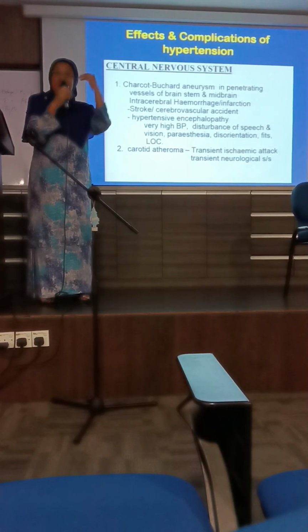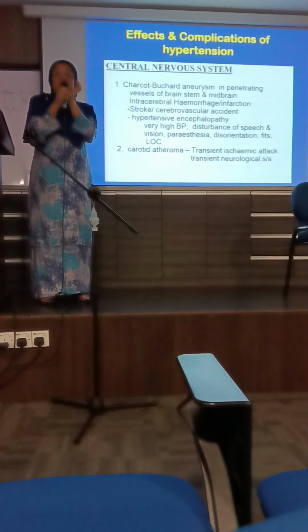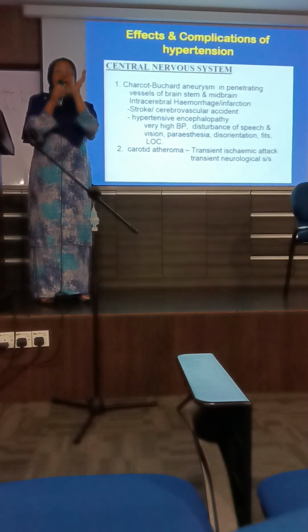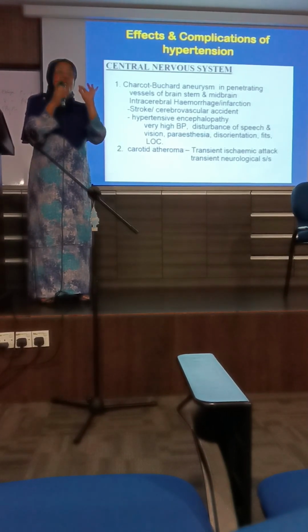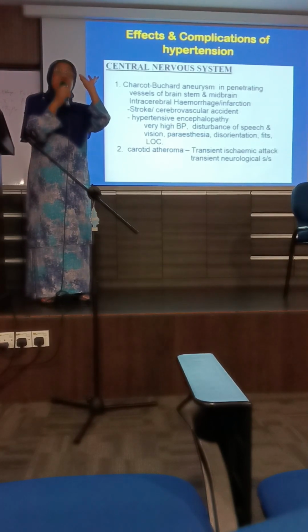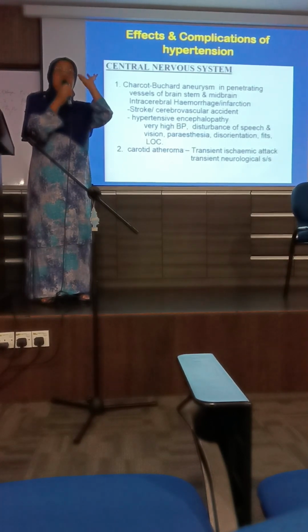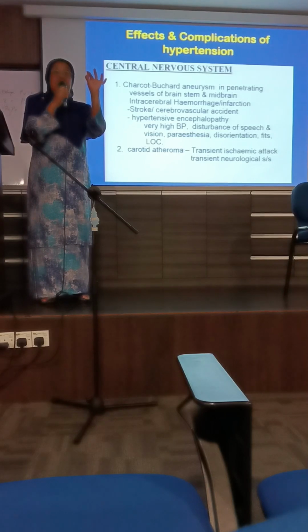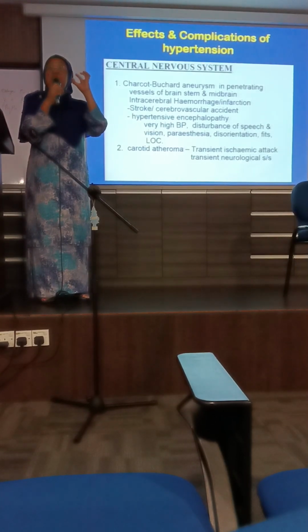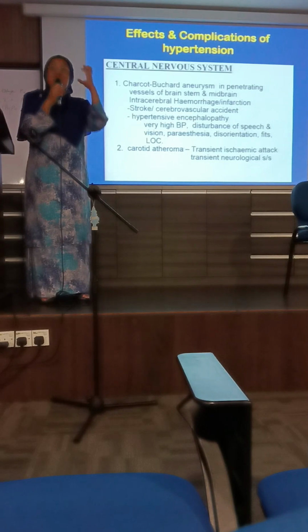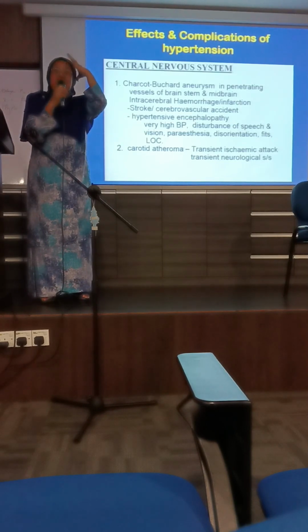They are not in the brain, they are outside the brain matter, so other diseases affect that area. But for hypertension, it's the small penetrating blood vessels in the brain that are damaged, that become aneurysmal, and they rupture, and therefore they cause intracerebral hemorrhage. Is it easy to treat? No, because it's in the brain. It is already mixed with the brain tissue.